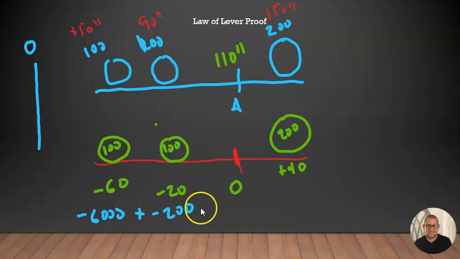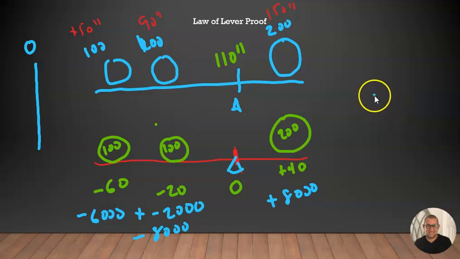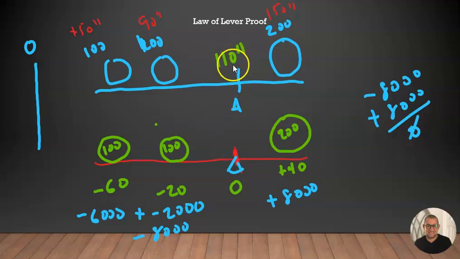Negative 6,000 plus negative 2,000 is negative 8,000. And look to the right of the CG: 200 times 40 is positive 8,000. We add the moments together and we get 0. So this 110-inch CG checks out.